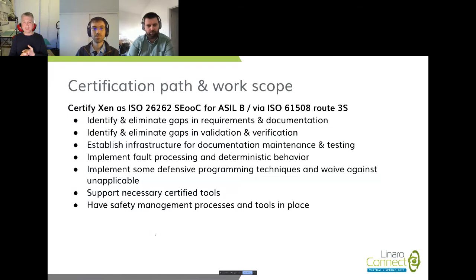Maybe add some defensive programming, like probably applying MISRA and so on, not everywhere, to reduce code churn; we will have to waive some of these rules that are not applicable. We need to support safety certified tools, like, for example, a compiler, and have safety management processes and tools in place to ensure that we keep on with the safety process demanded by the regulations.